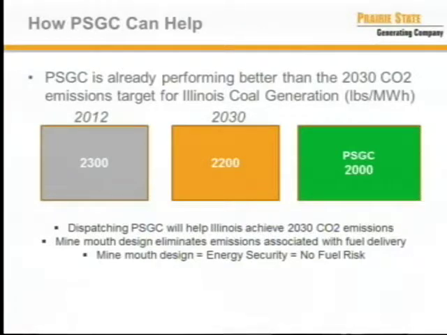Prairie State is a mine mount design, which means that the coal mine is right beside the plant, so there's no need for railing in coal, and that lowers the carbon emissions output for the plant. The carbon emissions in pounds per megawatt hour is 2,000. The 2012 requirement was 2,300 pounds, and the 2030 requirement is 2,200 pounds. So right now, Prairie State is meeting, really exceeding the mark. That's great.